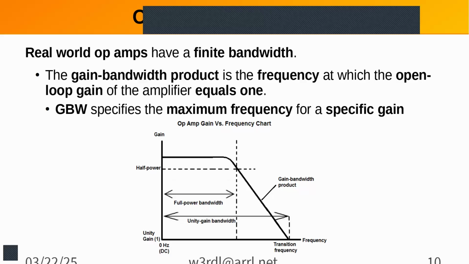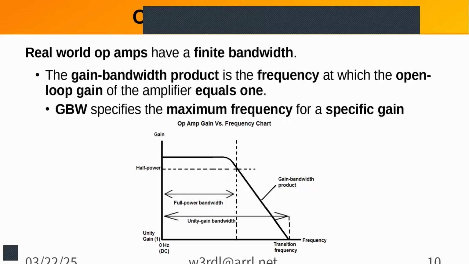Does that make sense? Simply, the first bullet there, that's a unity gain amplifier. If it has a gain of 1, it means that amplifier at a gain of 1 will operate up to that frequency.